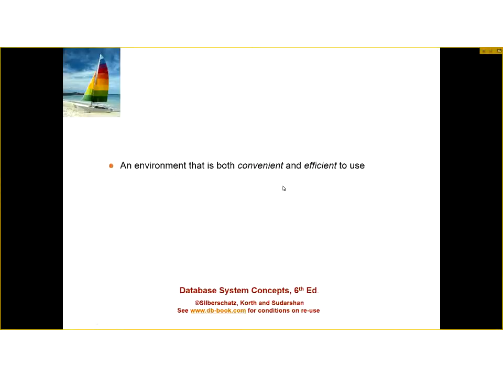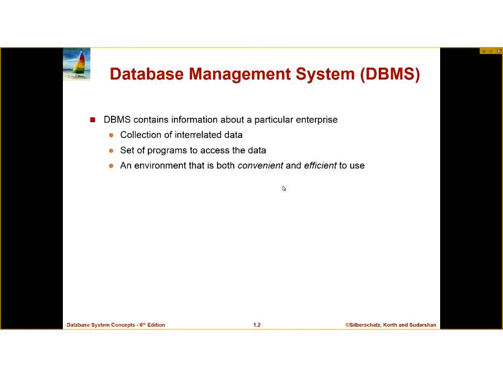So I told you about database management systems, which contain information about a particular enterprise. It is a collection of interrelated data in some sequence. It's a collection of a set of programs which is used to access the data, and an environment which is convenient and efficient to use to access the database.